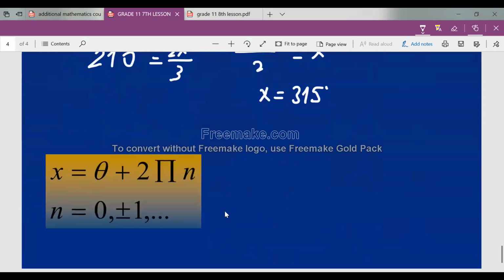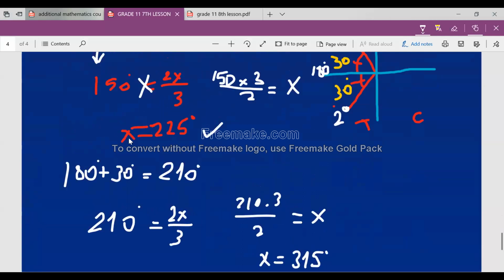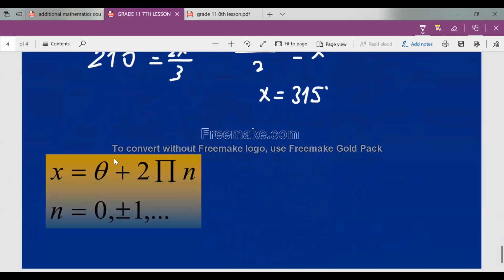When you look here is our formula to find more x values. Theta is here. First one, you can write 150 plus 2 pi times n. What is n?